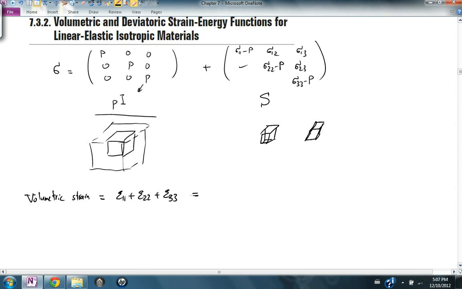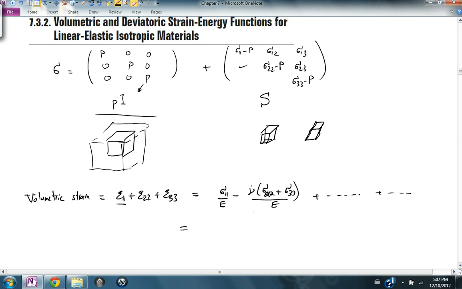From the constitutive law chapter, we studied that epsilon 1 1 is equal to sigma 1 1 over E minus Poisson's ratio times sigma 2 2 plus sigma 3 3 over E. So this is epsilon 1 1, epsilon 2 2, and so on.